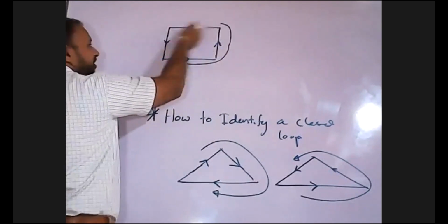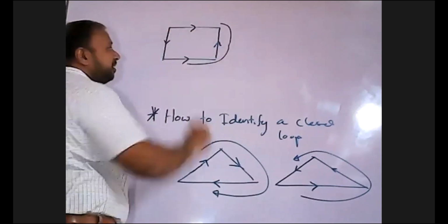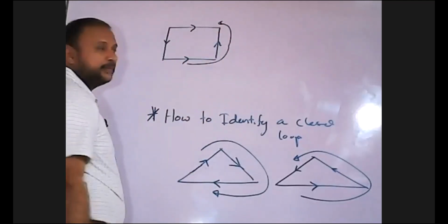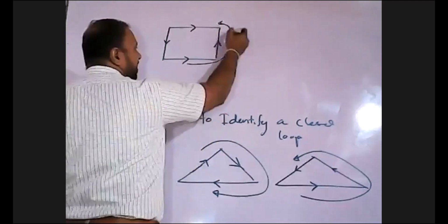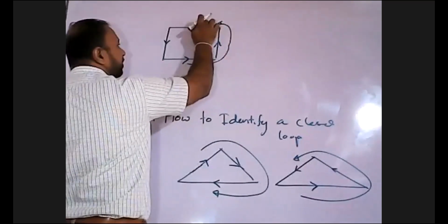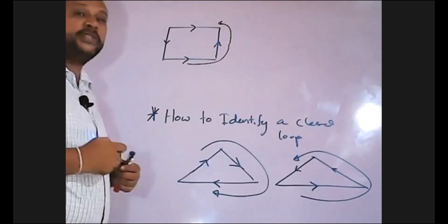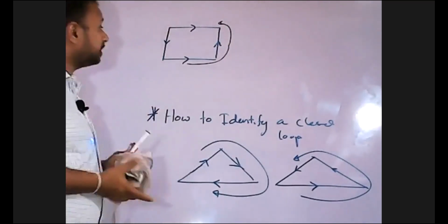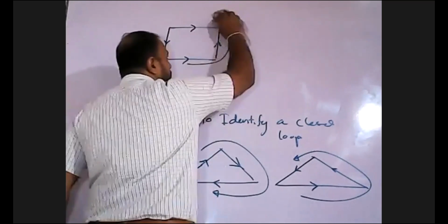This vector is not in this direction. It is in the opposite direction. So we cannot take this as a closed loop. These two vectors are in order, but this vector is in the opposite order. Therefore, I cannot consider this as a closed loop.